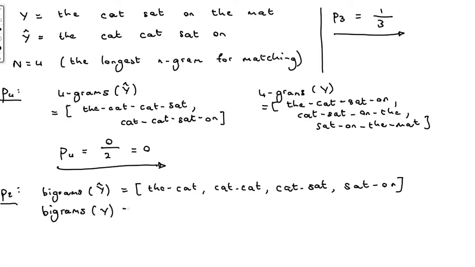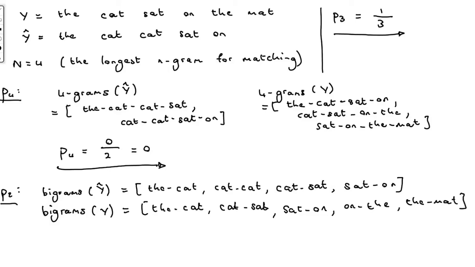Okay, I mean, I don't have to write out all of them, right? The cat, cat sat, sat on, the mat. Okay, which ones are right? So let's just check this. The cat occurs. Well done. Okay, and then cat, wrong.